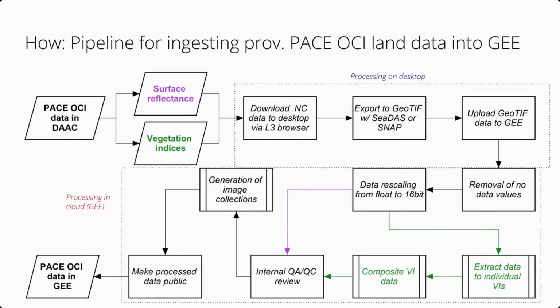In terms of how we did it, similar to what Sky was showing, we realized that we could focus on the surface reflectance products, but also the vegetation indices that are available to you. And I'll just quickly walk you through this. If you grab the data from NASA Earthdata Search or from the OB.DAAC, you're going to get it in a NetCDF format that you're going to download to your desktop.